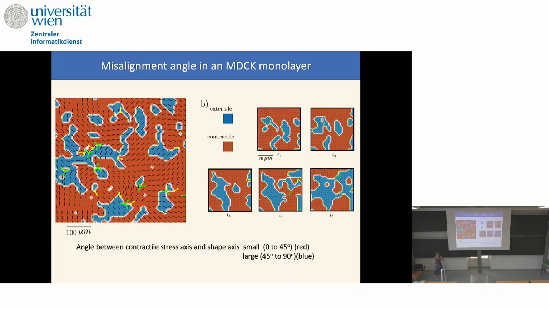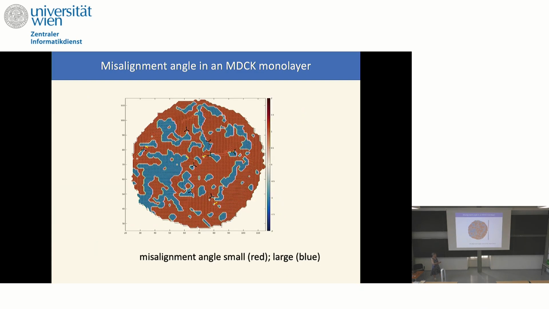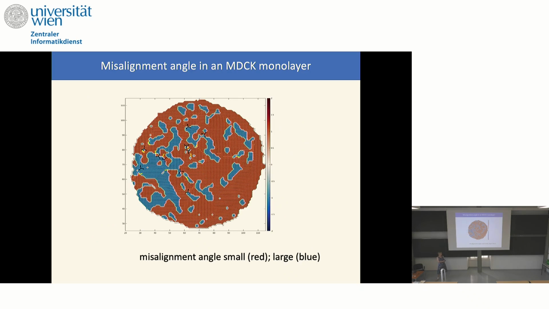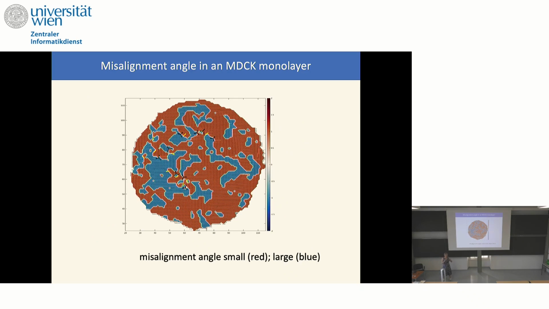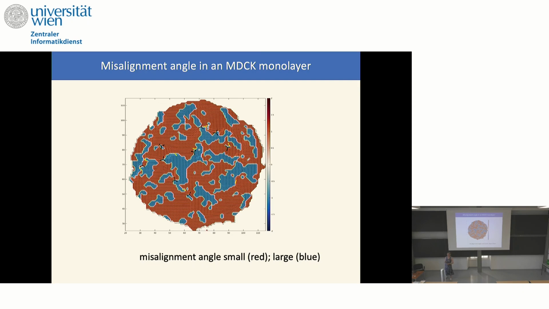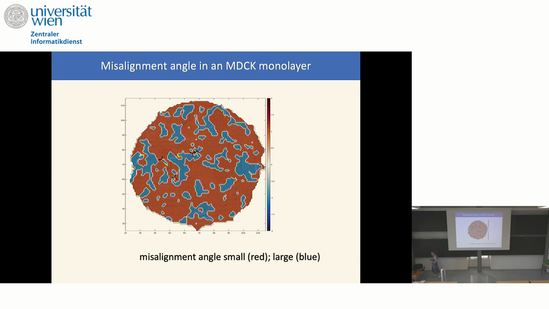So you get patches of large misalignment angle and patches of small misalignment angle. And those patches evolve with time; this is a time sequence. And now this is a movie showing how these patches evolve with time. So in the blue patches, there's a real angle between shape and stress.